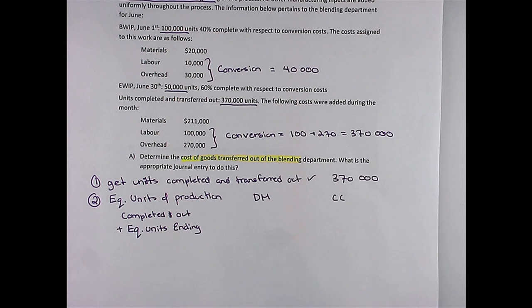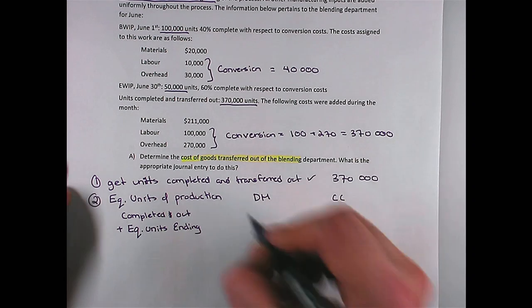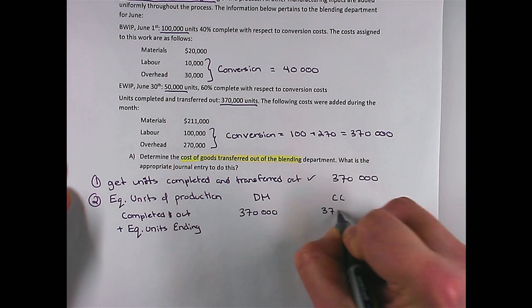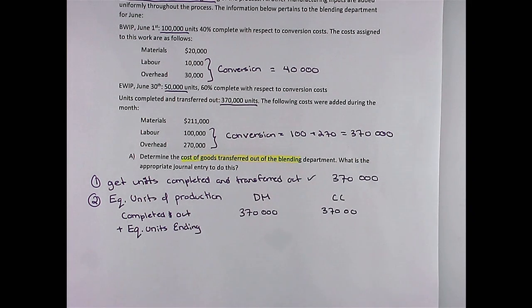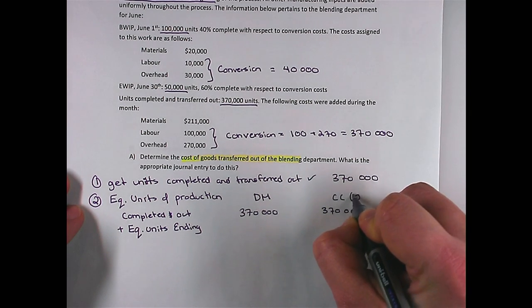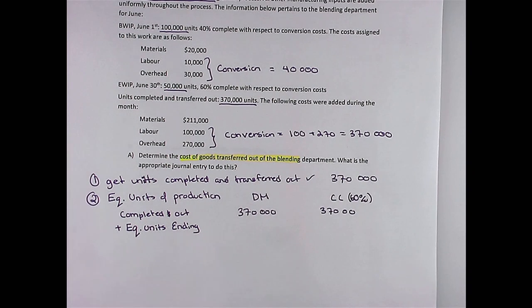So our completed and transferred out was given to us at our 370. And so that's going to be true for both departments. And our ending work in progress was 50,000 units that said it was 60% complete with respect to conversion costs. So it tells us that our conversion costs here are 60% done.